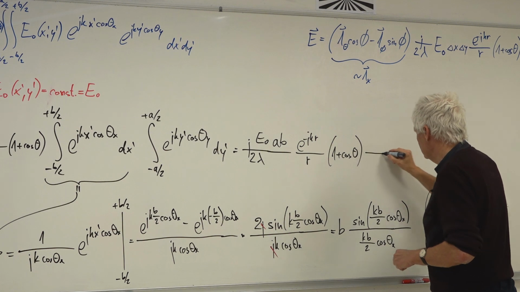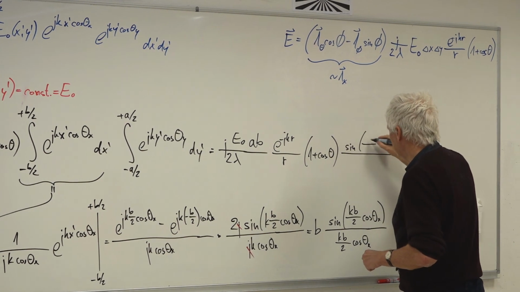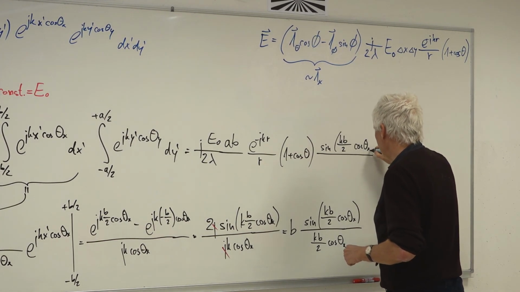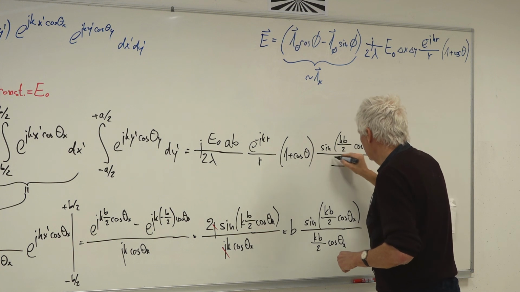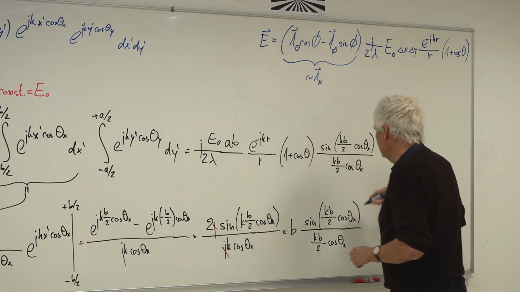There is one function here, sine of k b half cosine theta x over k b half cosine theta x.